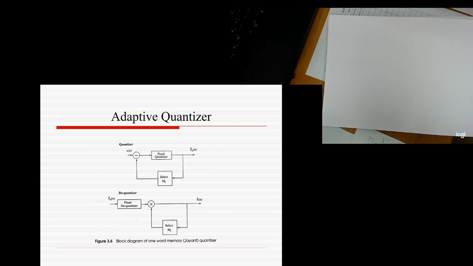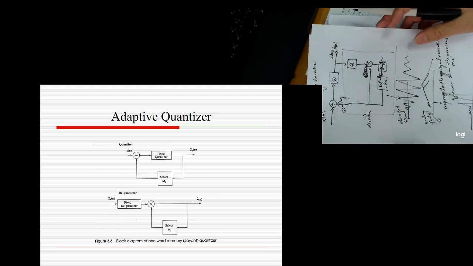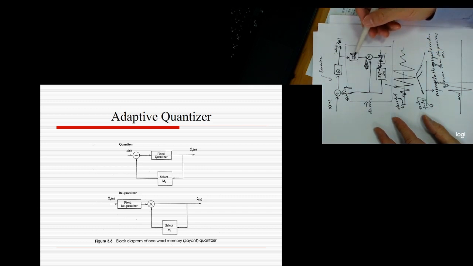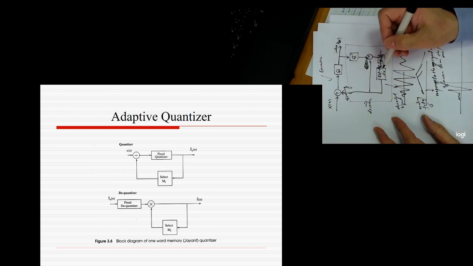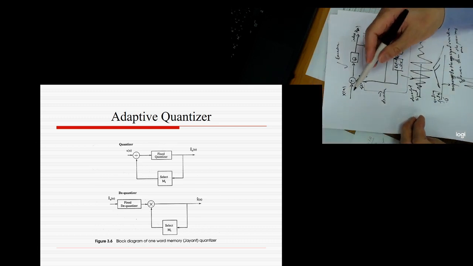So we have a buffer here, to remember the decoding signal. According to the decoding signal, we estimate the deviation to do the scaling of the next signal.